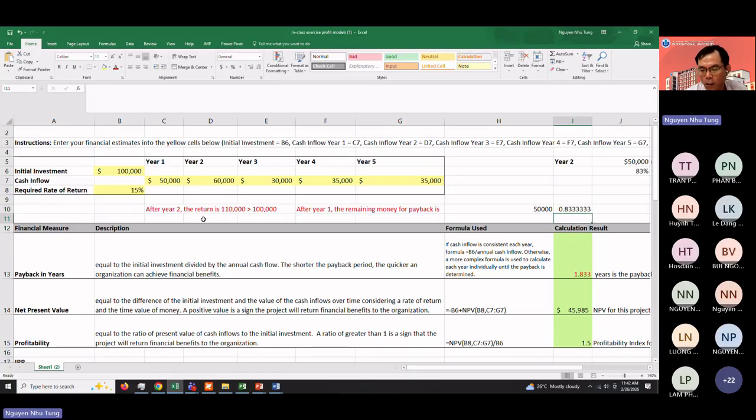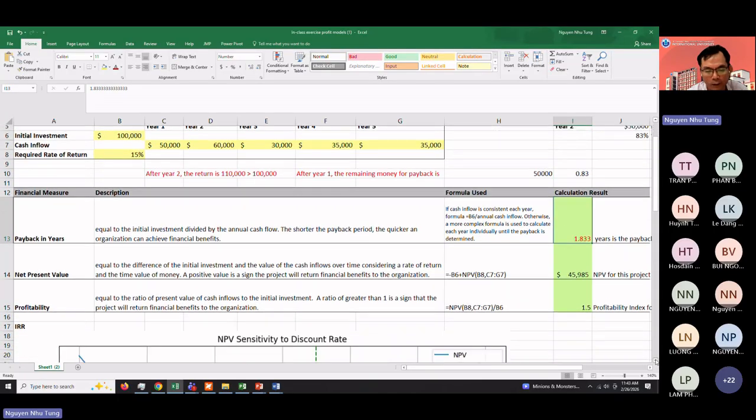So the ratio of 50,000 divided by 60,000 is 0.833, right? Less than 1. So we don't need to wait until 2 years for payback. We need only 1.83. All right, so you got that?